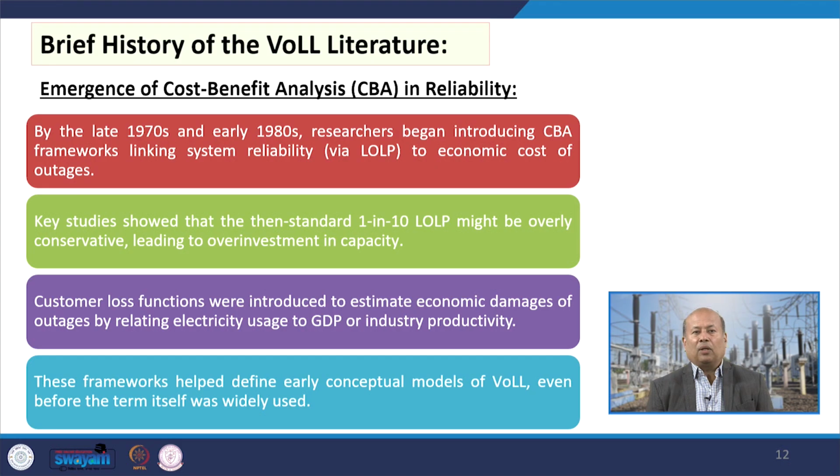Customer loss functions were introduced to estimate the economic damages of outages by relating electricity usage to GDP or industry productivity.